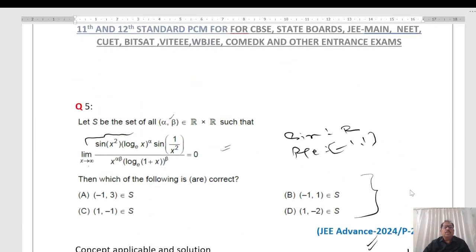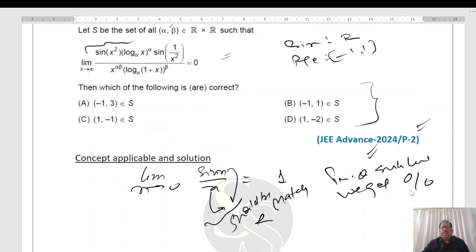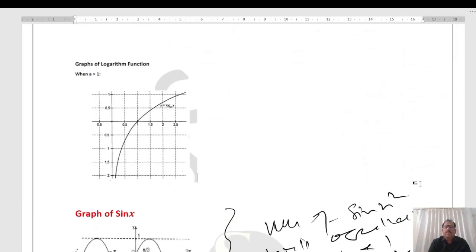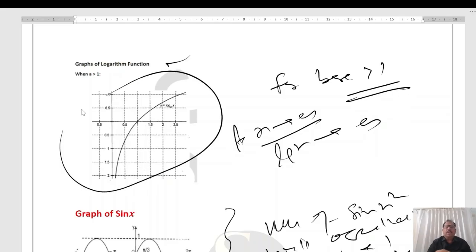Now this is the finite value, this is 1. Now graph of log is given to as x approaches infinity, log x also approaches infinity for base greater than 1, right? This is the graph here, right?